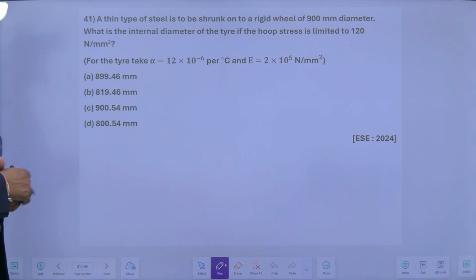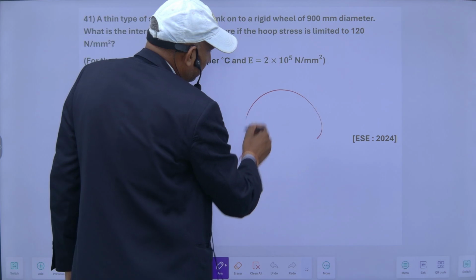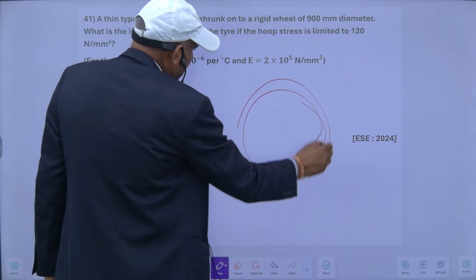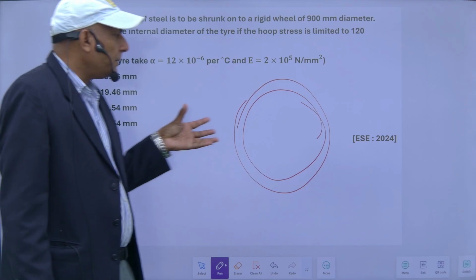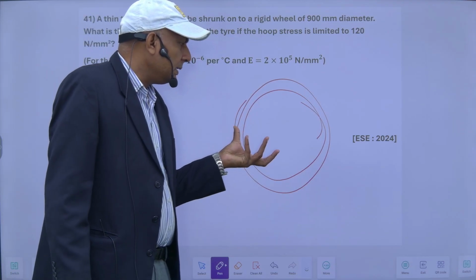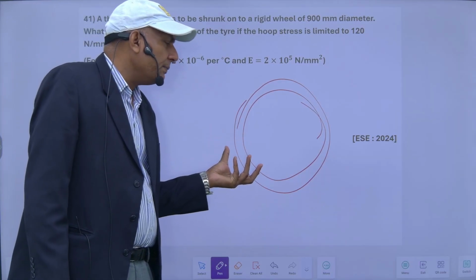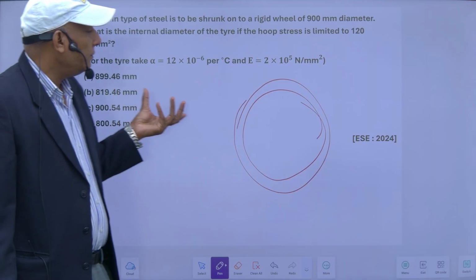A thin tire of steel is to be shrunk on a steel wheel. So this is my wheel, and this is the tire. To have a proper grip, generally we raise its temperature, and as a result of temperature, the diameter of the tire becomes equal to the diameter of the wheel.